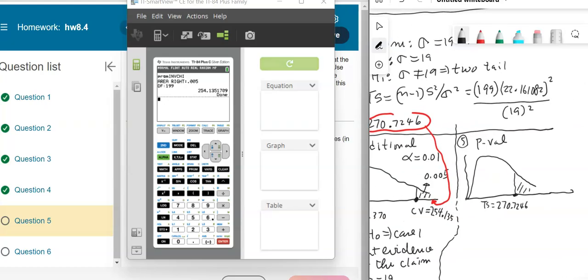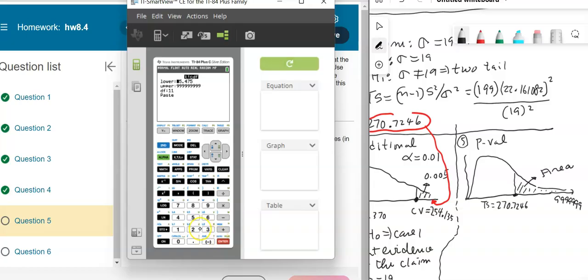What's out there? 9999999. Okay, so this area is the p-value. How to find the area? You go second bars, go to chi-square CDF.